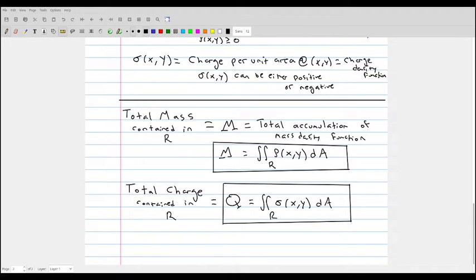You need a density function and you need a region R, which is a lamina, and you just integrate the density function to determine the total amount of whatever quantity the density function is describing in that region.